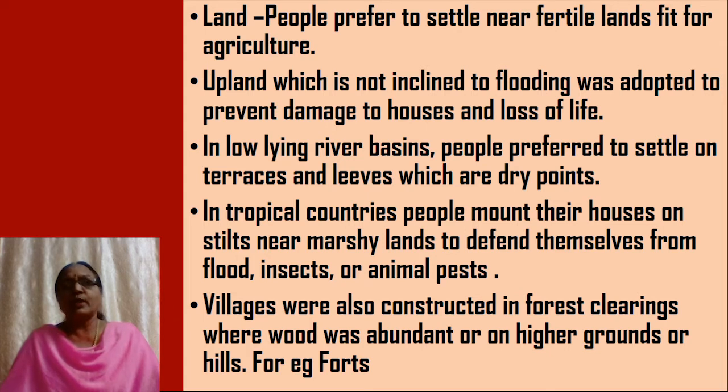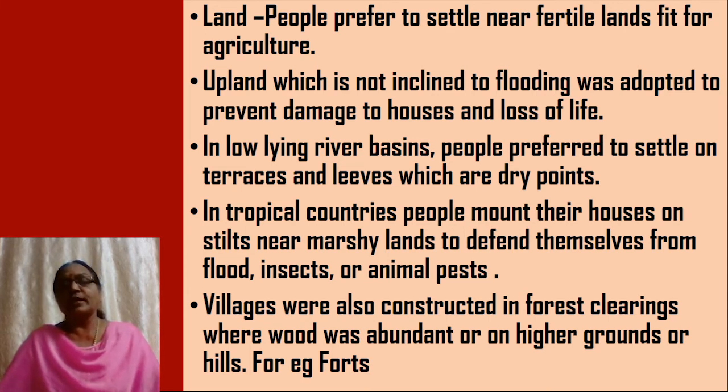Okay, so if you see the marshy lands, you find in all these regions houses are built on stilts. In tropical countries, people mount their houses on stilts near marshy lands to defend themselves from flood, insects, or animal pests.